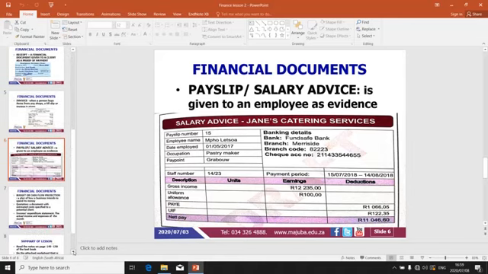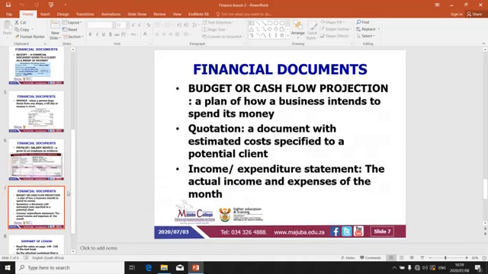We move to the next financial document, which is known as the budget or cash flow projection. It's a plan of how a business intends to spend its money. We move to the quotation. What is a quotation? It is a document which estimates costs specified to a potential client.